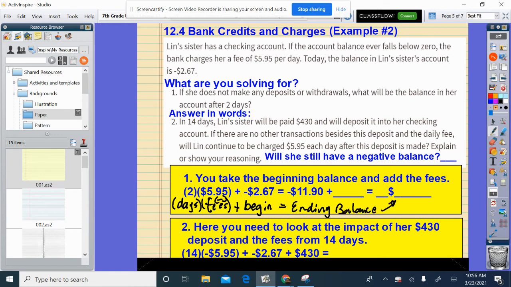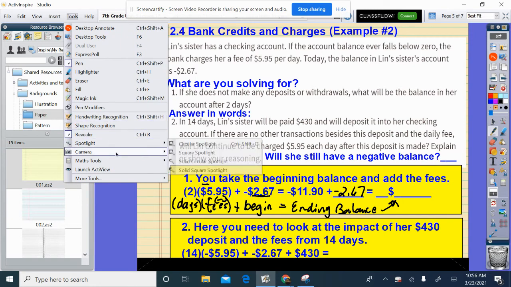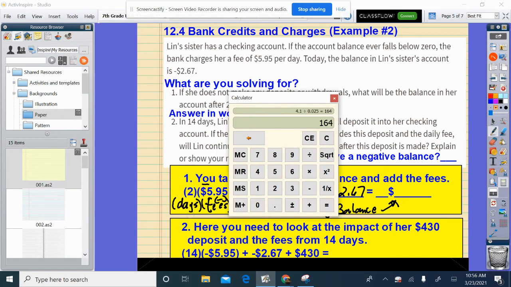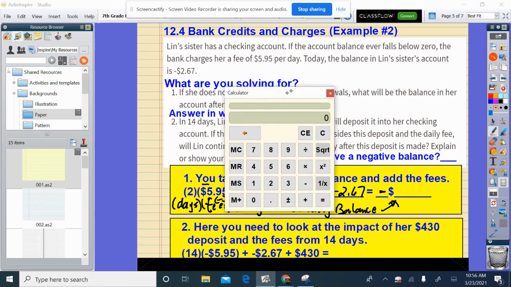So I take 5 times a negative 5.95, and I get negative $11.90, plus this beginning balance of negative $2.67. And I add that together because they're both negative. So I'll just take the negative sign forward, and then I'll just be adding the values.